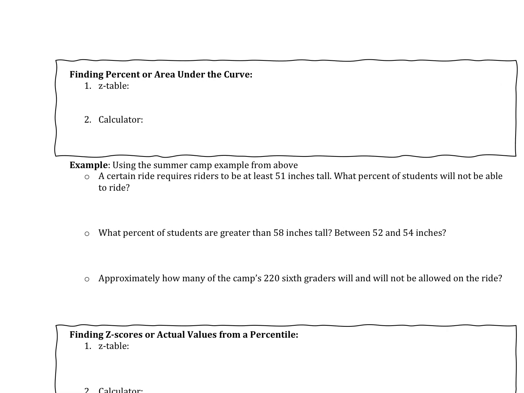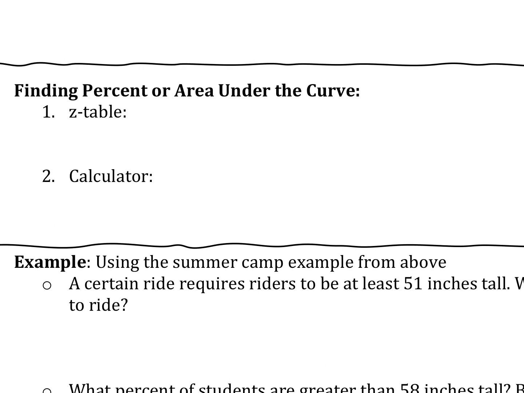So if we're gonna find the percent using a table, then the first thing you're doing is finding that z-score. I'm gonna make this a little bit bigger. So find your z-score. Remember, whether it's a positive or a negative value matters.